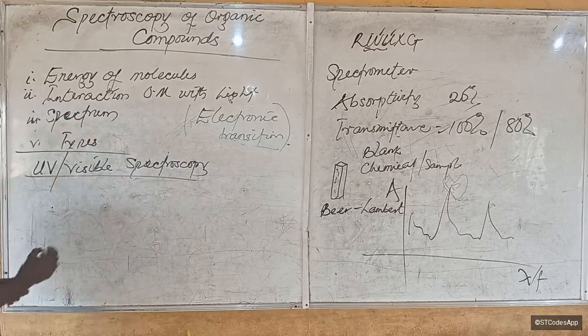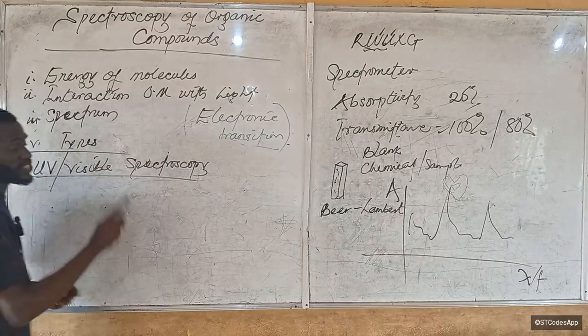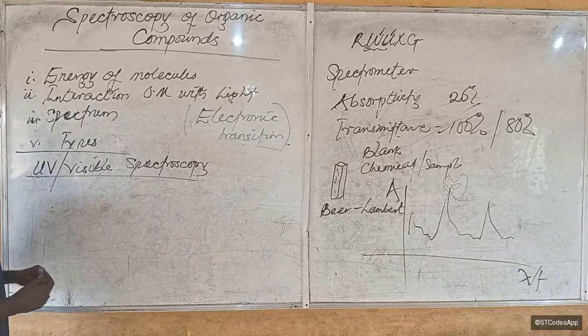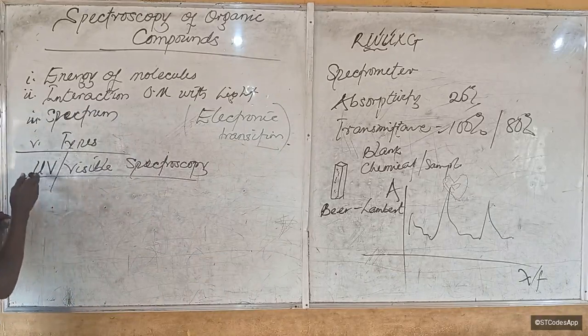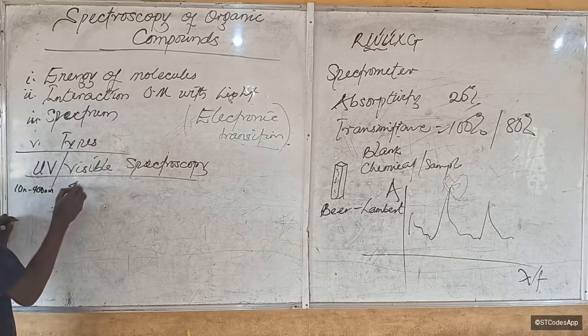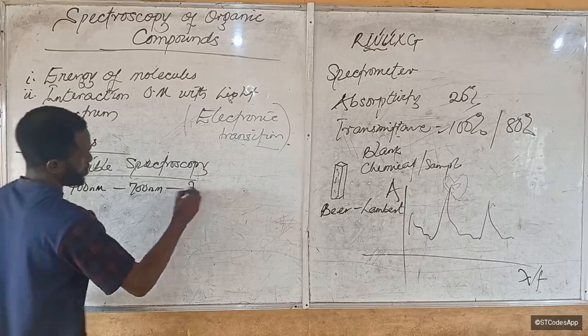Now, UV visible spectroscopy has to do with the ultraviolet ray and the visible light spectrum. The ultraviolet ray is from about 10 nanometers to 400 nanometers, while the visible light is from 400 nanometers to about 700 nanometers in wavelength.